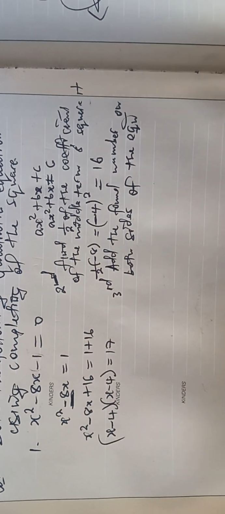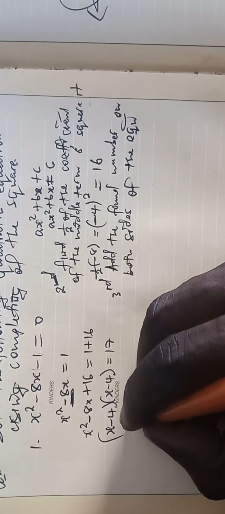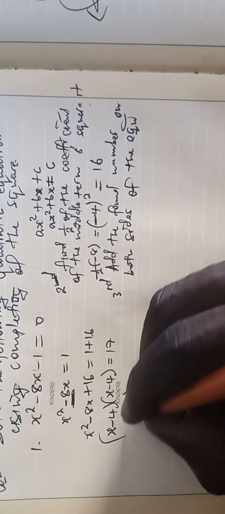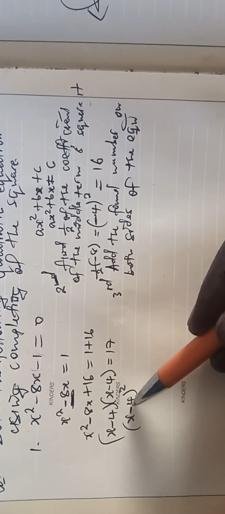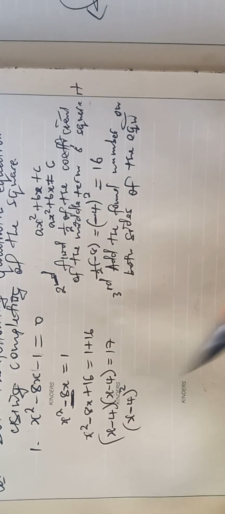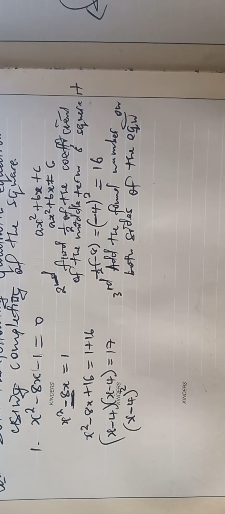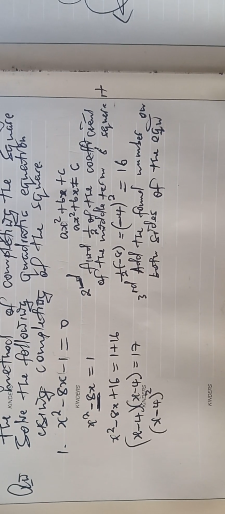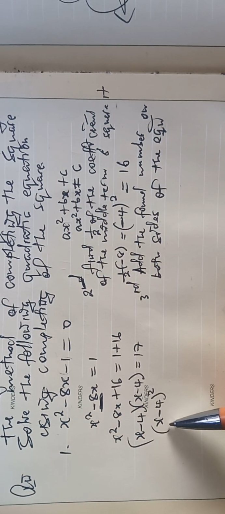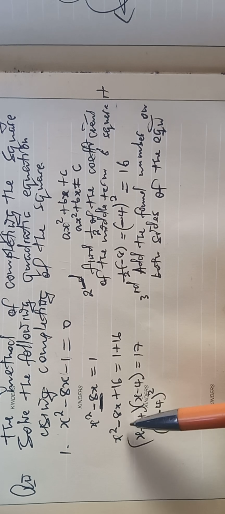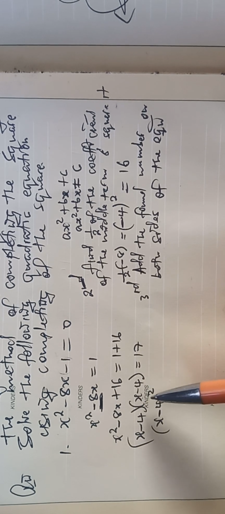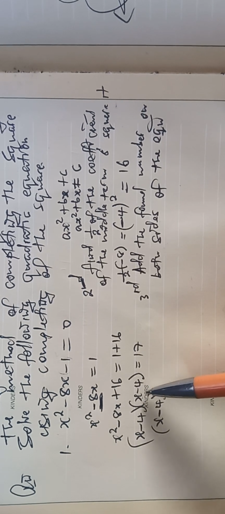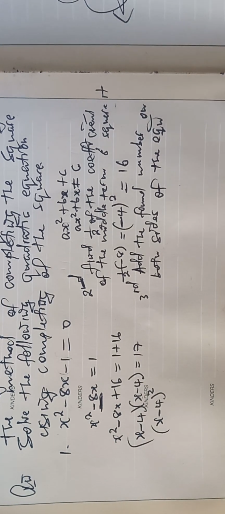So going deeper, we are left with x minus 4 squared. This is the same as the above brackets. This is why this method is called completing the square, because at the end we have created the same brackets, which can also be represented by a square or the power 2.